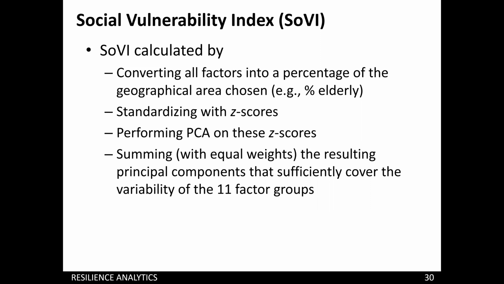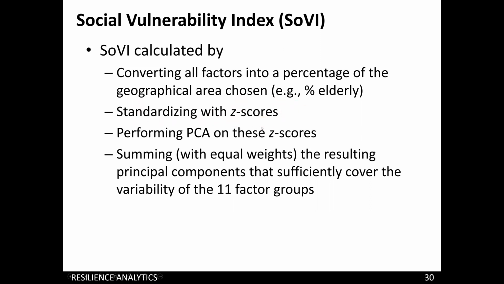And so how is this thing calculated? First, for this particular geographic area of interest, you convert all the factors into a percentage of the geographical area chosen. So for example, the percent elderly, the percent of the community that makes less than $75,000, and so on. You standardize those, normalize with z-scores, right? So this would be from basic statistics.